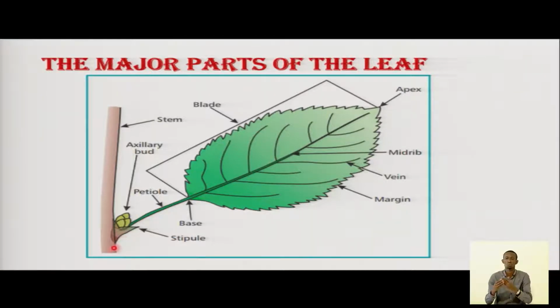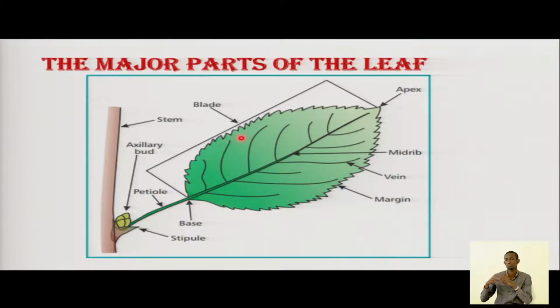Then from there you can see we have the stem where leaves are normally attached. Then you can see these other parts make what we call lamina or leaf blade. This leaf blade is flat, broad, and thin so that it provides a large surface area for trapping sunlight, which is very important in the process of photosynthesis.